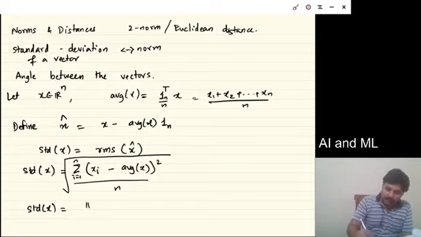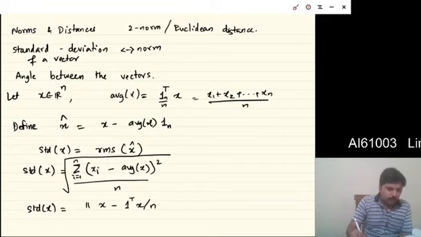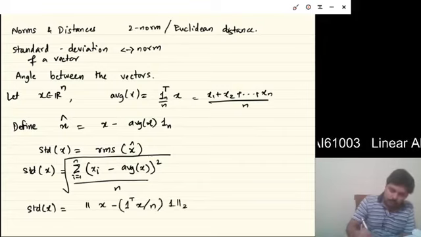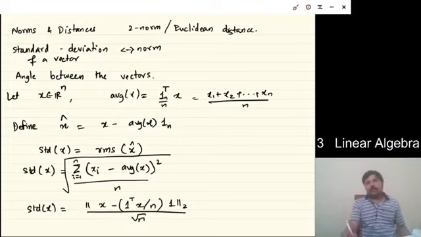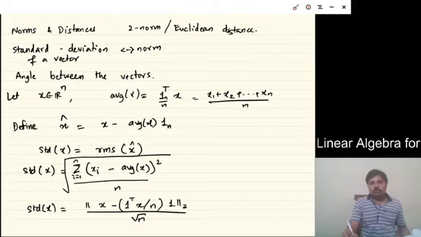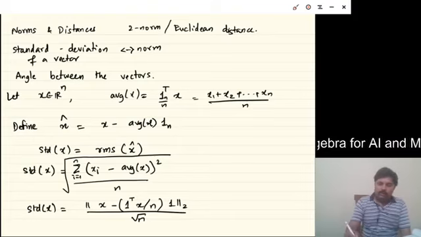If you really want to convert it, I can write the standard deviation of x in this format: the 2 norm of the vector x minus 1 transpose x divided by n times 1, divided by square root of n. That's what I am looking at. It's no big deal; I am just substituting a few terms here.